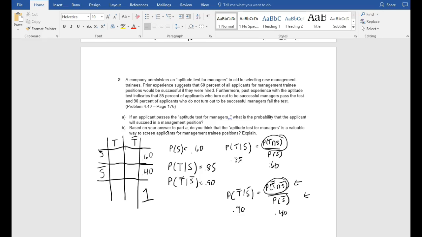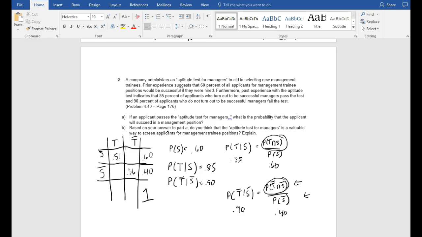We look to see where not T and not S intersect, and it's right here. Then we do the same thing at the top. We multiply 0.6 by 0.85, and we get 0.51, and that goes in the intersection of T and S.